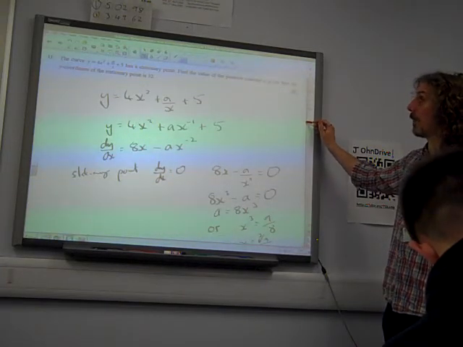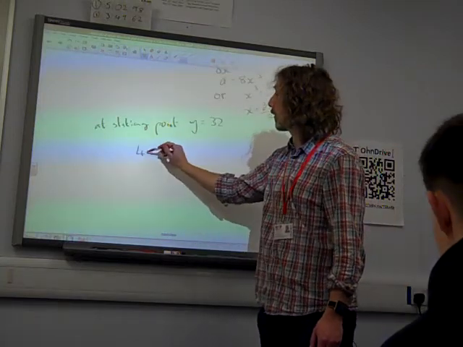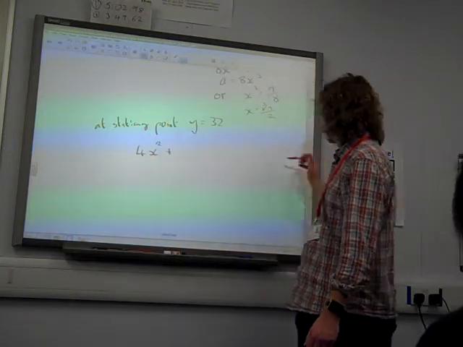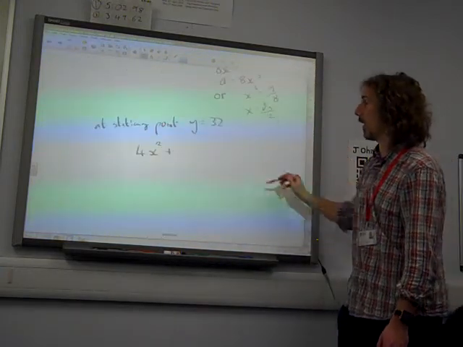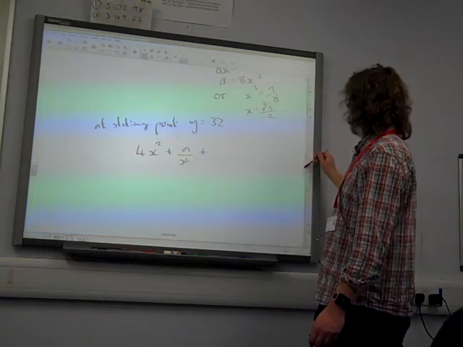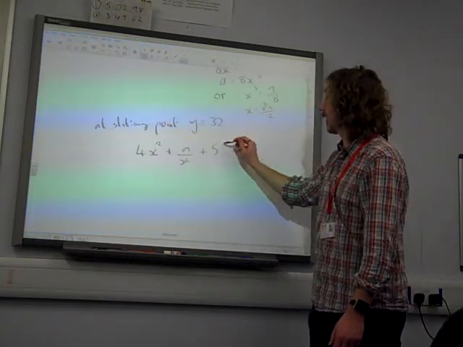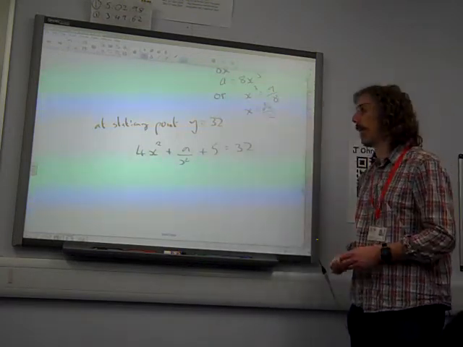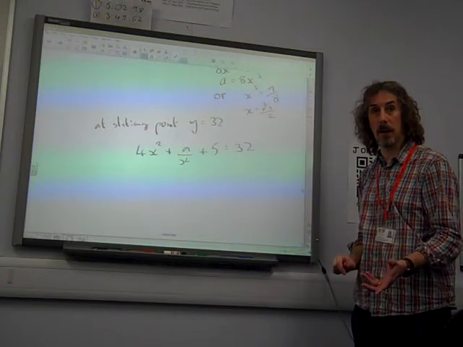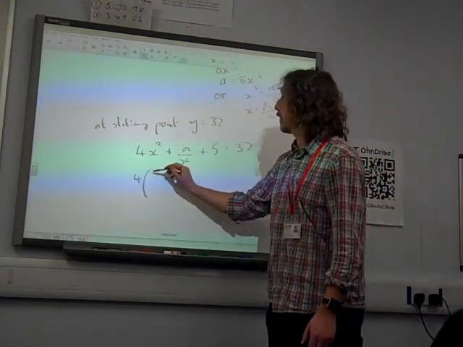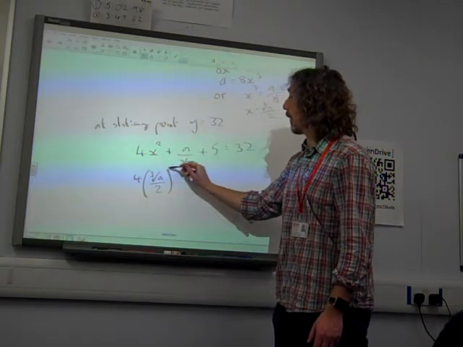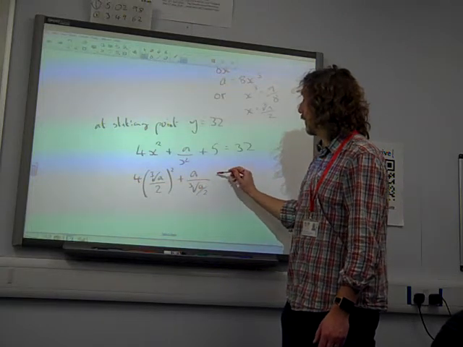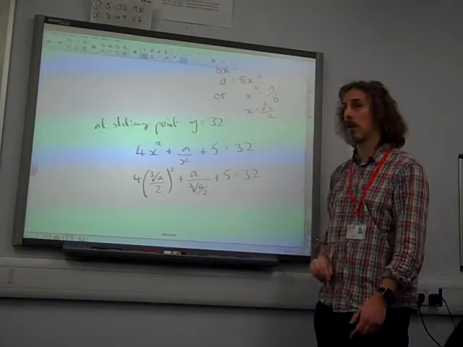That gives us 4x squared plus a over x plus 5 is 32, but we know that at the stationary point x equals the cube root of a over 2. So let's sub that value: 4 times the cube root of a over 2 squared plus a over the cube root of a over 2 plus 5 is 32.